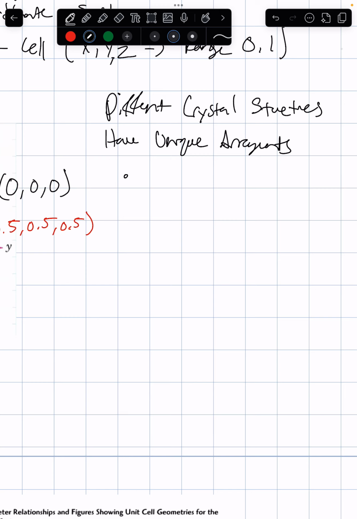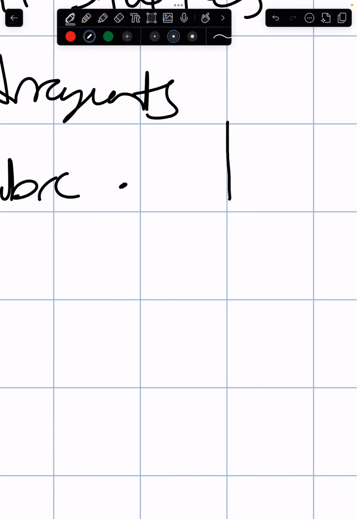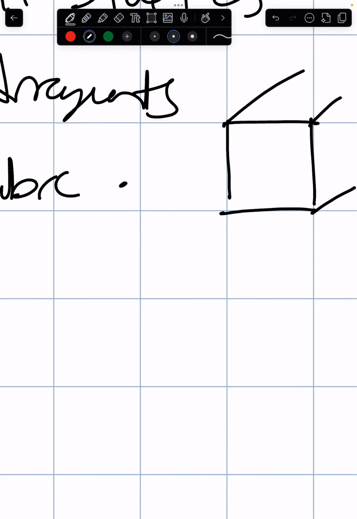So number one, simple cube: you will find atoms only at the corners. We'll leave more space next time. So only at the corners will you have atoms.